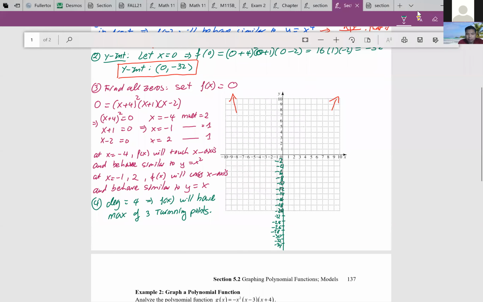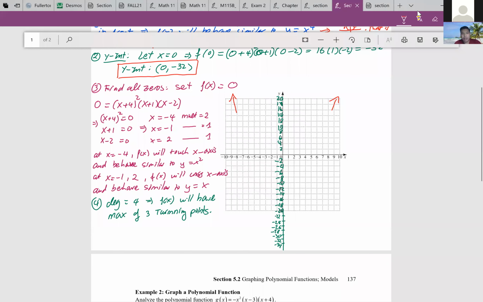And over here, 2, 4, 6, 8, 10, 12, 14, 16, 18, and 20. So we need to fit in the y-intercept, we'll adjust that.